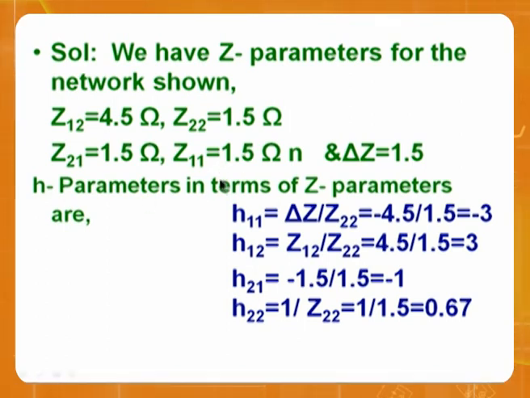So adjusting is very, very important. If you don't remember this, don't panic. Just write the equations of Z parameters and substitute these values. The 2 equations can be converted into any form. That's called adjustment of parameters. So you can always adjust the parameters and achieve the expected parameters.